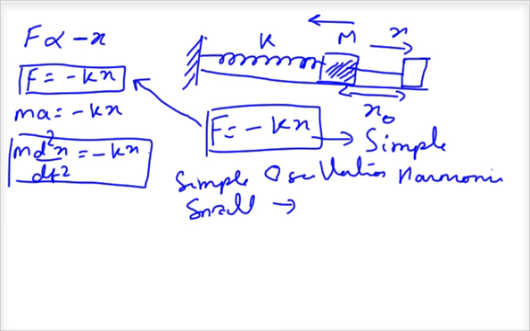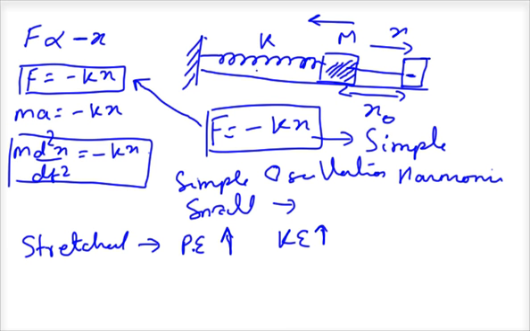Okay, then once you understand this, things become much easier. When I stretch it here, the external force is doing work. When the spring gets stretched, the potential energy of the spring increases, and there is more energy stored. When you release it, the spring pulls the body, so the spring is doing work, and the kinetic energy of the body increases.